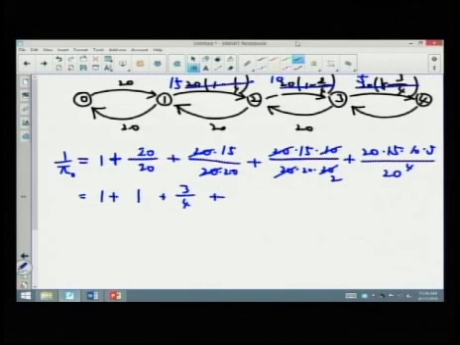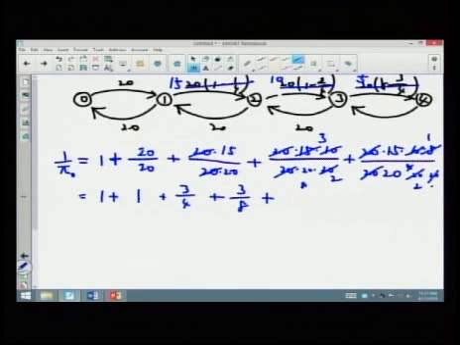So what is this? 3/8. Is that right? Likewise, 20. Let me just use this, it's better for me. So this goes down to 1, 4, 3, 4. So 3/32. Is that right?